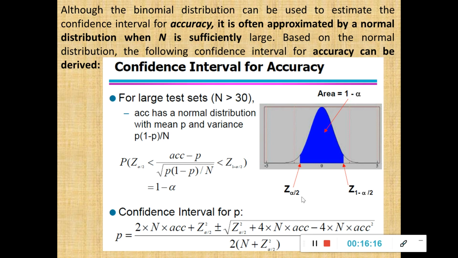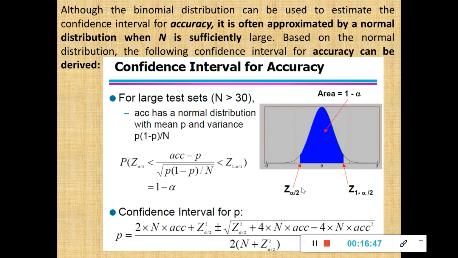Whereas z alpha by 2 or z 1 minus alpha by 2 is the lower bound as well as the upper bound for the confidence interval. So understand the difference. 1 minus alpha is the confidence level, while z alpha in general indicates the confidence interval. Please do not get confused. What is this confidence interval?